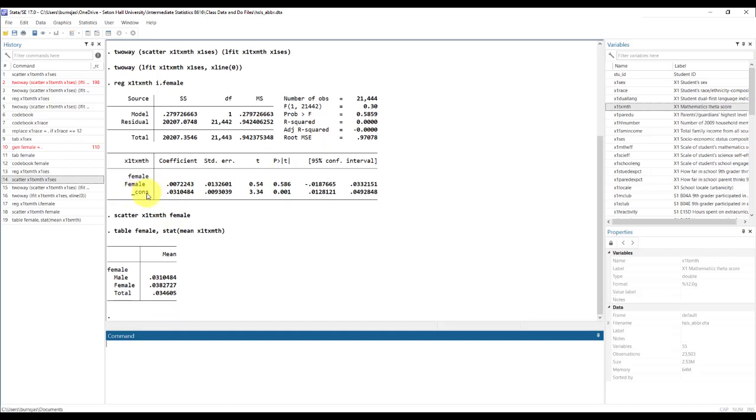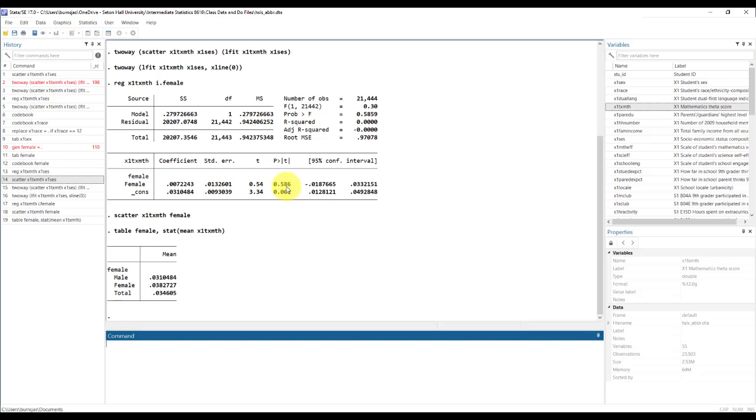Like I said, the constant represents males, 0.031. Relative to males, females have a math score that's 0.007 and change higher. Same thing here, 0.007 and change higher. And again, this difference is not statistically significant.